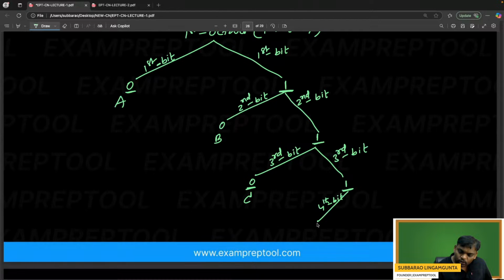If the fourth bit is 0, then the answer is D. If the fourth bit is 1, then it is going to be Class E. This is the way they are following.